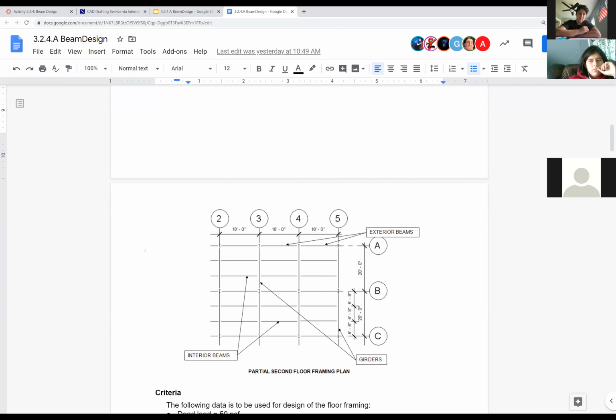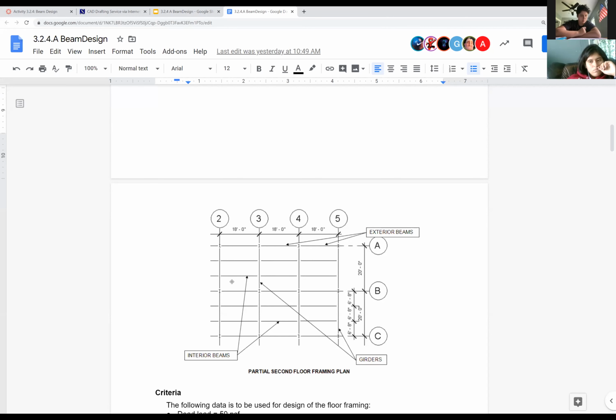9. Okay, so where did you get 9 from, Emma? I thought I remember you saying it's half of the width. So tributary width, you got to remember, is the amount of load that it's carrying from the floor above. So this beam right here, what area or what length is it responsible for carrying?